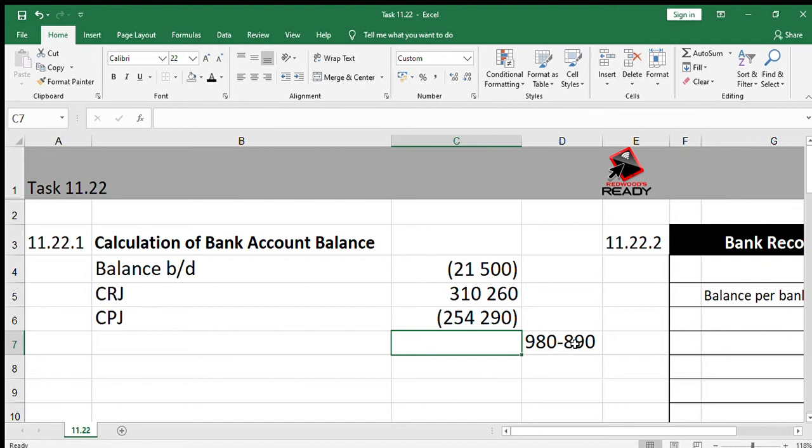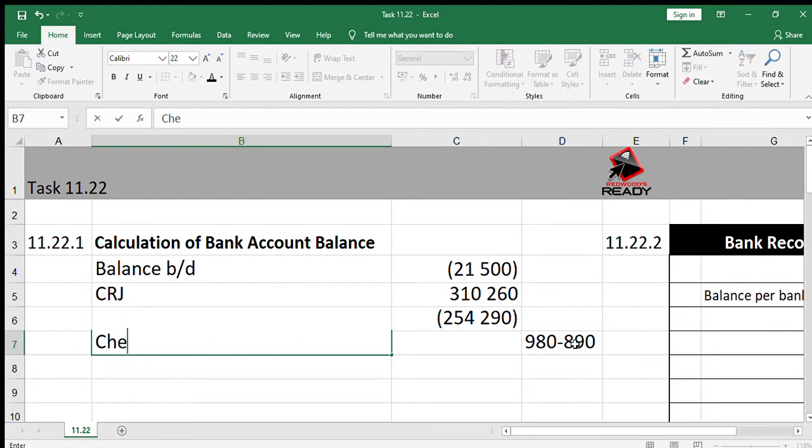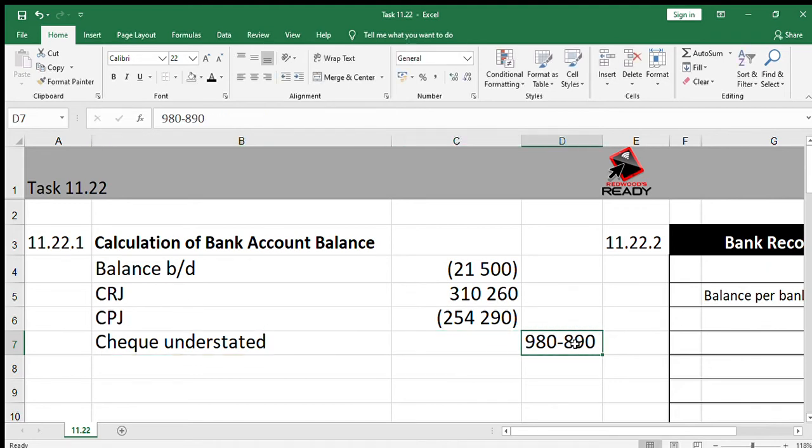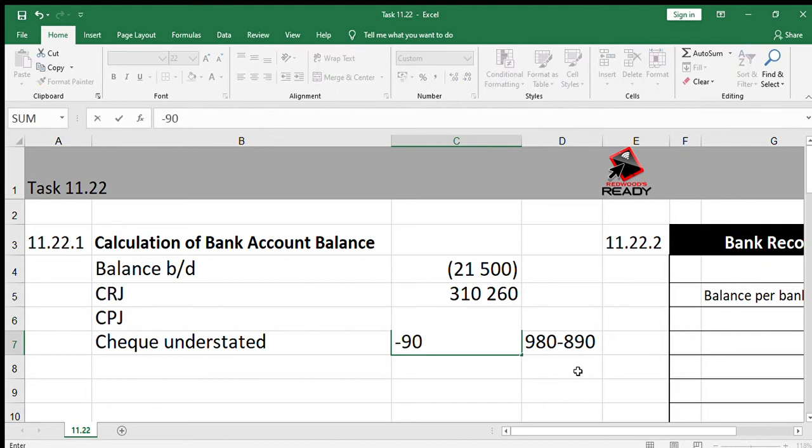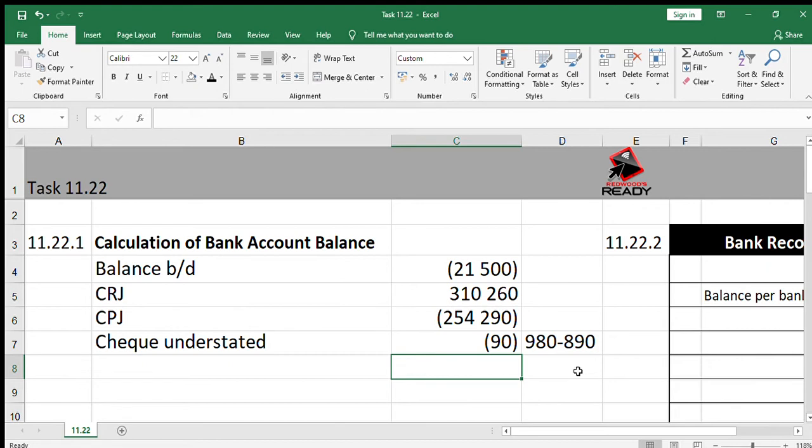But it's actually a check that was understated. It was supposed to be 980, we recorded it as 890. So 980 minus 890 is 90 Rand. If it's a check understated, it means it needs to go back into the CPJ, and anything that goes into the CPJ will go into brackets or have a minus sign in front of it.